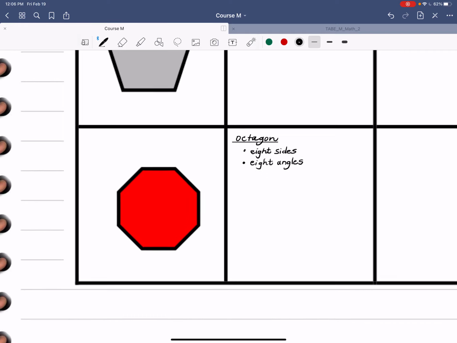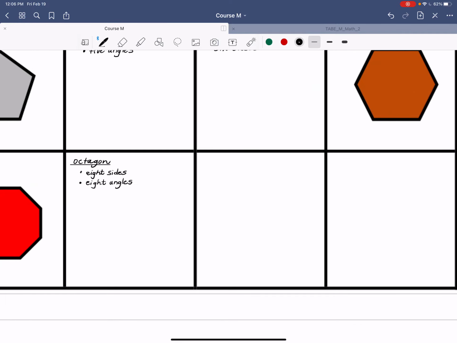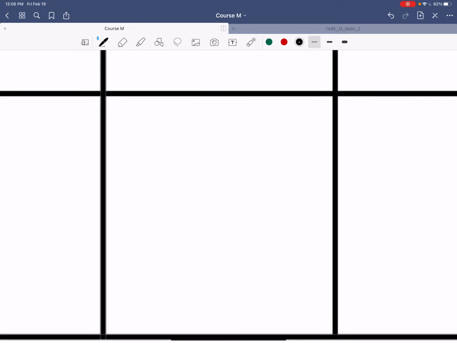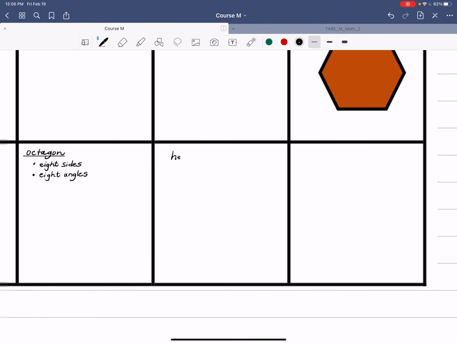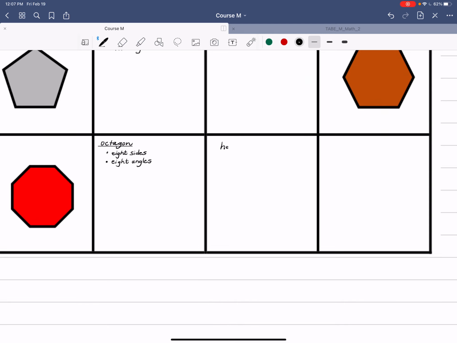Now, I did not show you a picture, but I want to at least give you the names. A heptagon, and I'm putting that one in this area right here. H-E-P-T-A, hepta, heptagon, has 7 sides and 7 angles. We did octagon.